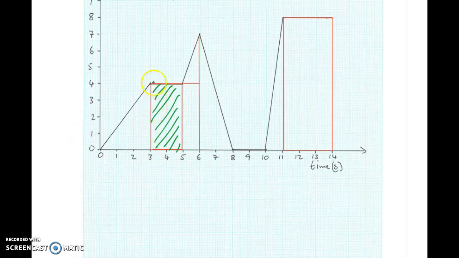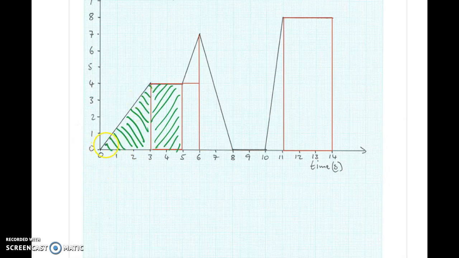2 seconds times 4. So in fact we can work out the distance travelled between 0 and 3 seconds in exactly the same way. We need to work out the area of this particular triangle here.